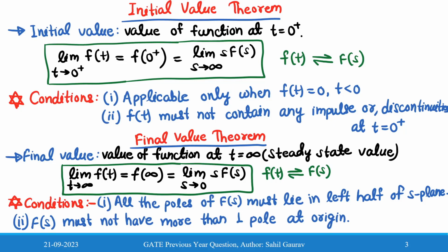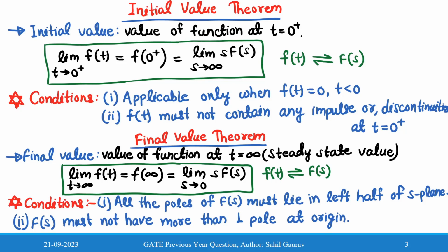But if the function is given in the S domain, we cannot directly find it, because we first need to convert the function in the S domain into the time domain, which takes some time, and then put t equal to 0 plus. From there we can find the initial value.